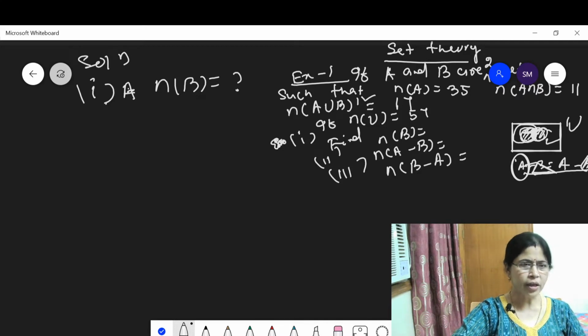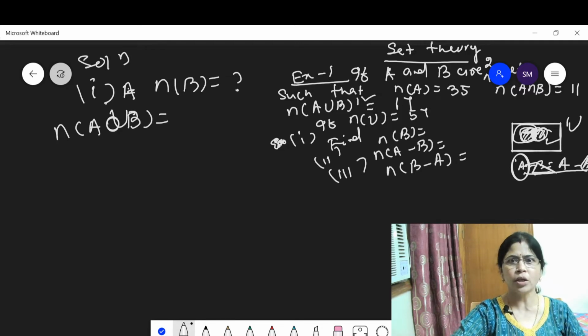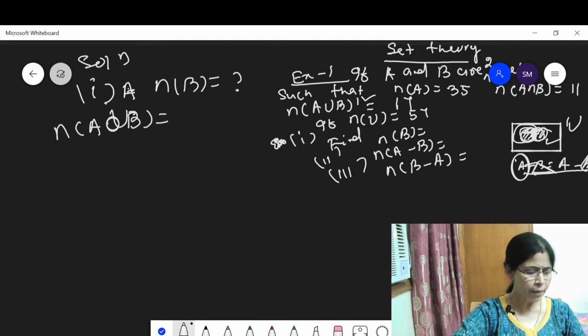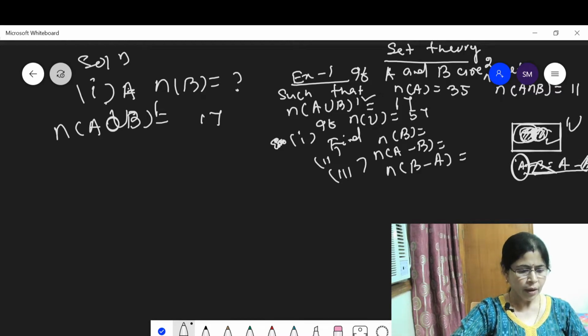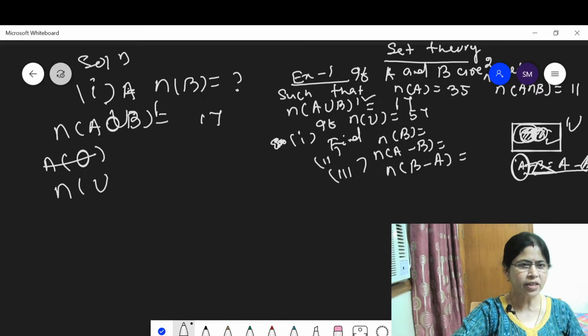Here the question is given: the number of elements present in A union B dash is equal to 17, and the number of elements present in the universal set is 57.